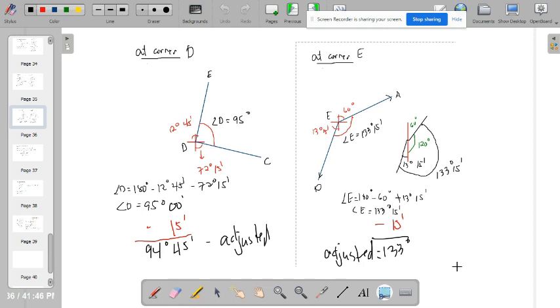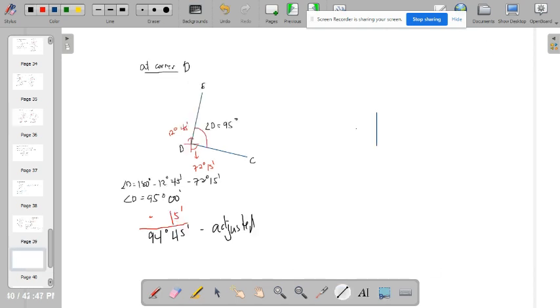So this is your adjusted. So draw your reference meridian. Your DE is going there. And then this is your DC, okay? Or CD. So, dapat, ang gagamitin natin ngayon na CD or DC ay yung corrected na.